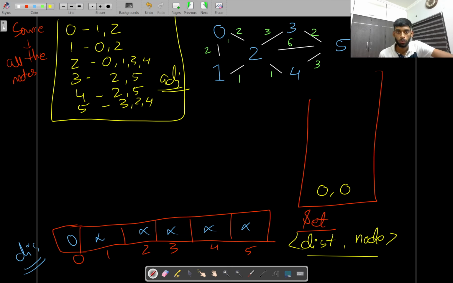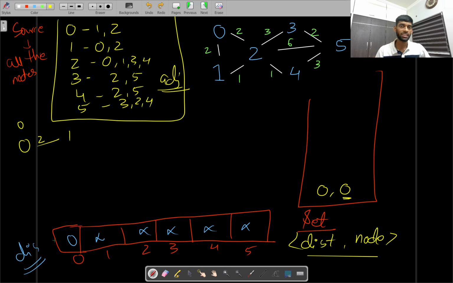Now, we'll be starting from the adjacent elements of the 0. Node is 0 and the distance to go up to that node is 0. Now 0 can go to 1 with the distance 2 as it is written here. Now we are having infinity in the array because initially we will be storing infinity.